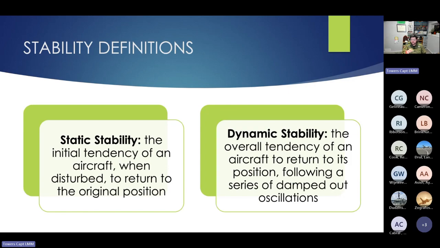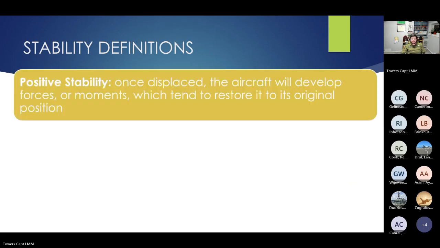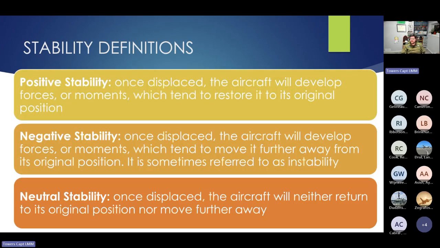I'm not explaining this great, but basically there's a lot of different ways of categorizing stability, if that makes sense. So it depends on what you're looking at as to what category it's going to fall into. Is that okay? Perfect.